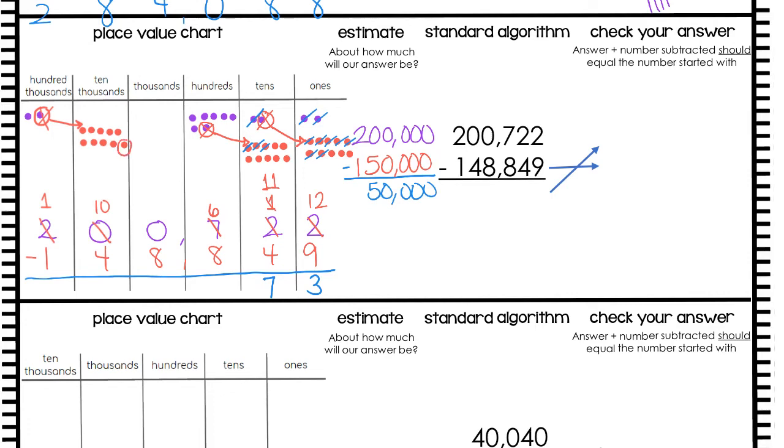Take one of those 10,000s and regroup it. So now I don't have 10 10,000s, I have 9 because I regrouped this one. But because we still have to get over to the hundreds place, we've got to regroup 1,000.